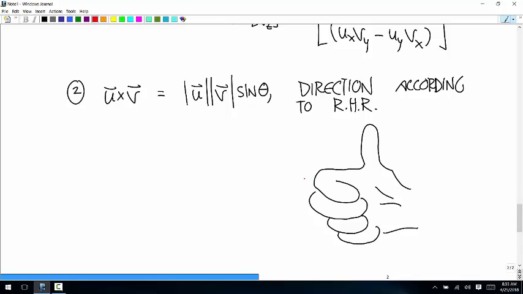So the rotation is represented by your fingers always. Yep. And your thumb represents the vector that's perpendicular to the plane of rotation. So the direction is always going to be perpendicular to the plane of rotation. Yes. I can figure out the plane of rotation.